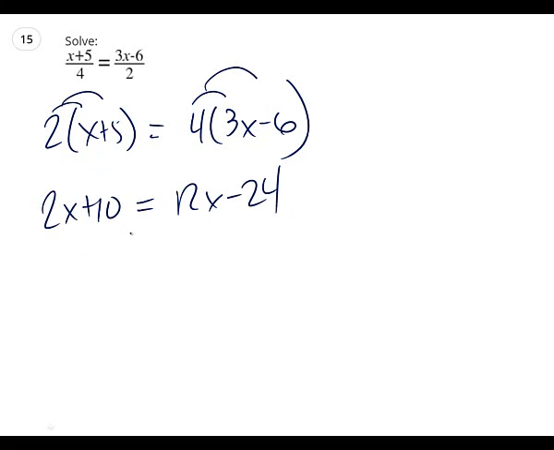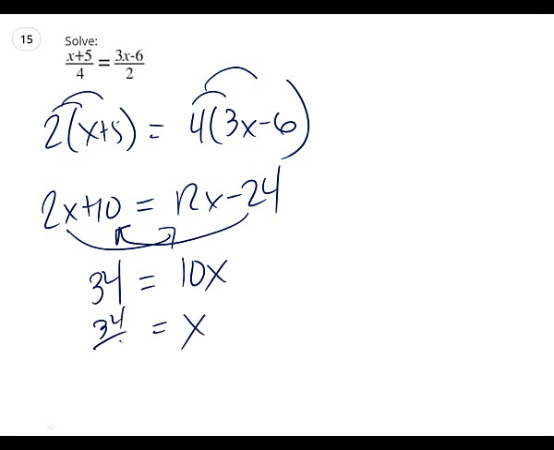We're going to move the 2x over. What do you get? 10x. We're going to move the 24 over. Adding the 24, wouldn't it be 34? Yes. Okay, we're going to divide by 10.